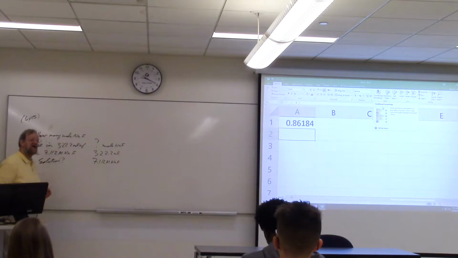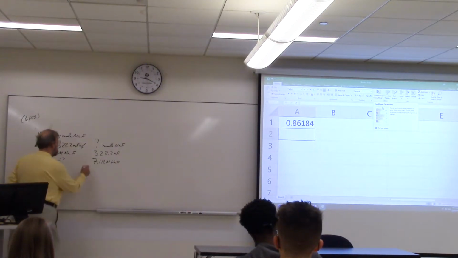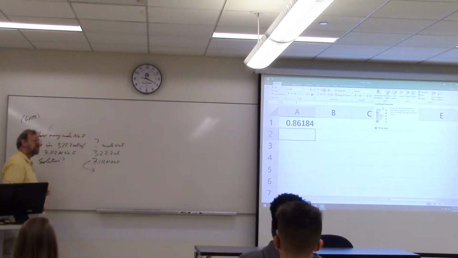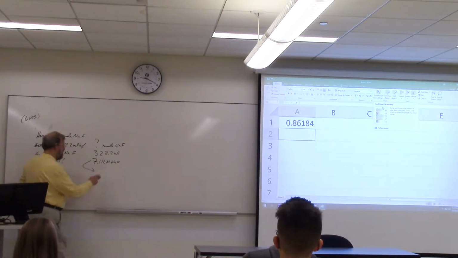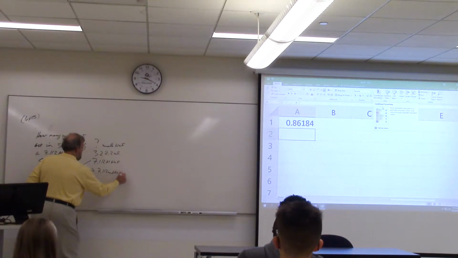I look at that and I see capital M. Capital M tells me molarity. Molarity, moles per 1,000 milliliters. And immediately I'll ask myself, what does that mean? I know molarity, 7.112 moles sodium fluoride for 1,000 milliliters.